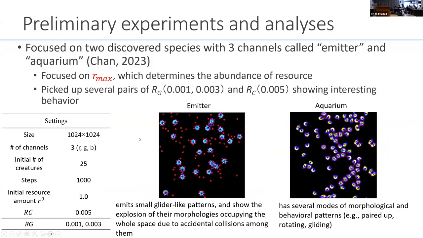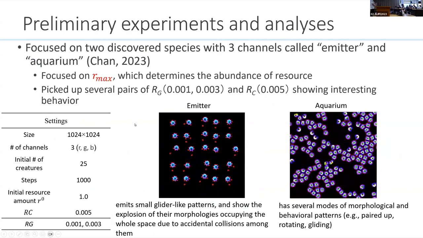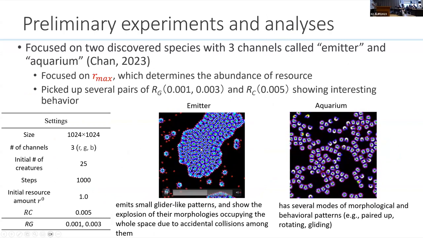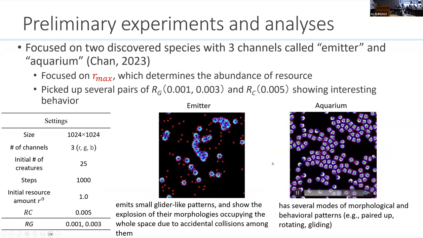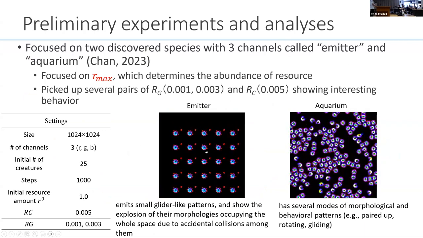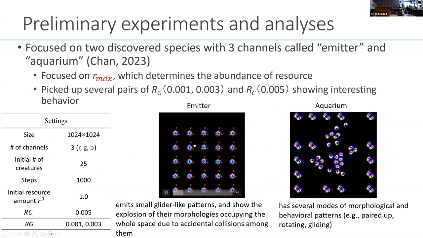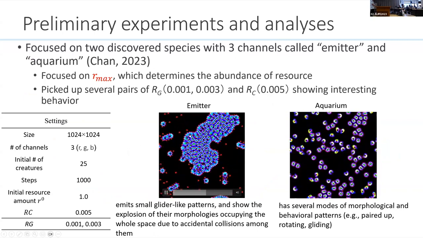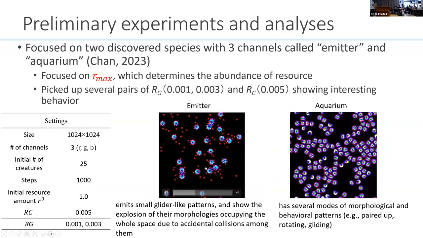Then we conducted some preliminary experiments and analysis by focusing on two discovered species with 3 channels called emitter and aquarium. Emitter emits a small glider-like pattern, the red one, like this, and shows some explosion of the morphology occupying the whole space due to accidental collision.